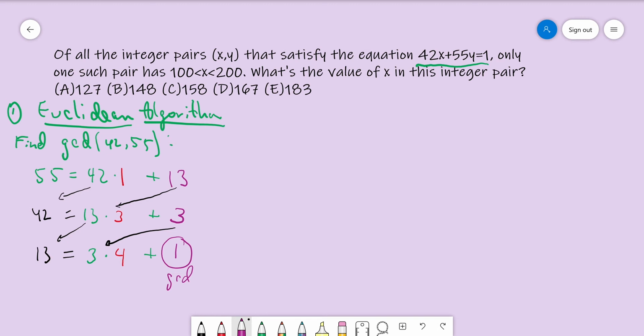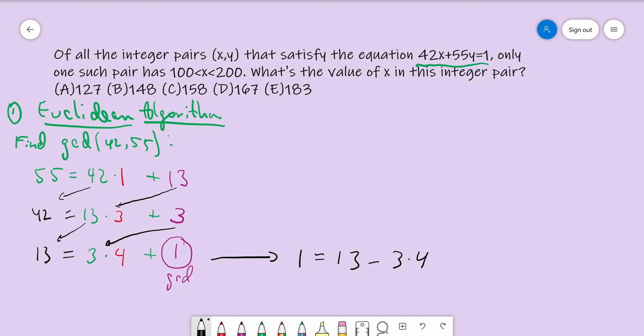Now we're going to use this information to find the solution to the equation. So we're going to work our way backwards, from the bottom to the top. Here's the first step. I'm going to write 1 equals 13 minus 3 times 4.